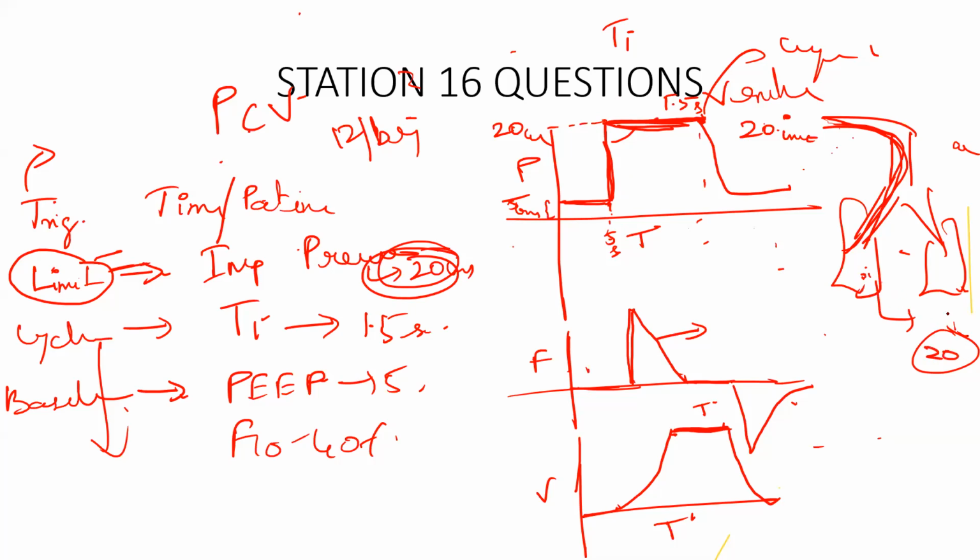It will reach the ventilator pressure. So both the ventilator pressure and the airway pressure will be equal. So there will be no gas flow at all. Yes or no? Yes, sir. So at this point, the pressure will be sustained at 20 centimeters of water. Since the airway pressure, the ventilator pressure and the lung pressure are matched, there is no flow. So the flow will be decelerating to 0.